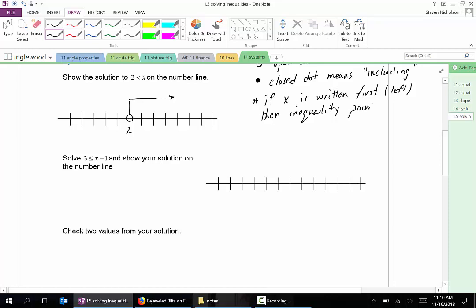Points the same direction as, I'll call it a graph, but it's the number line. So in this one, if instead of writing 2 is less than x, we wrote it exactly the same, what you'll notice is this is pointing the same direction as that. And that's a habit I'd get into.